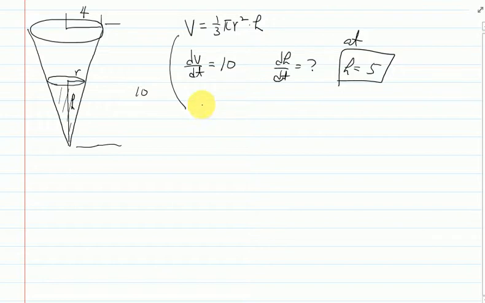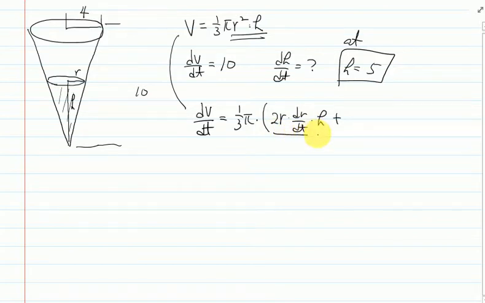To get the derivative, we know it's 1/3 pi, and this is a product. So it must be 2r dr/dt times h, that's f prime times g, plus f times g prime from the product rule.